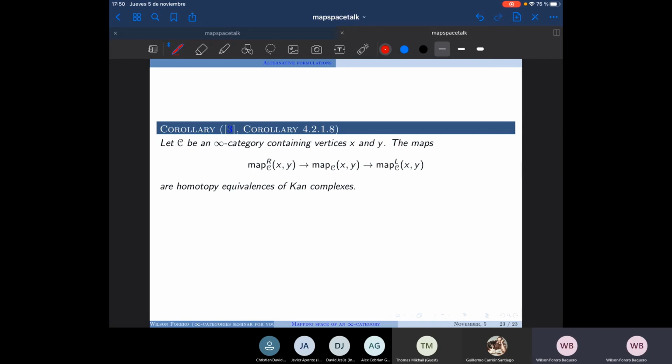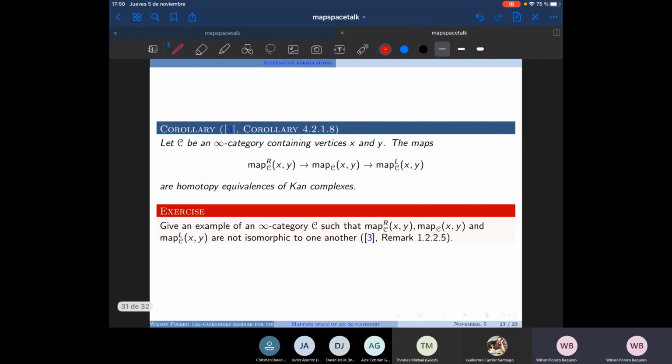But the proof is a little tricky, so I omit it. An exercise for everybody and myself also: give an example of an infinity category that shows that the three different approaches are not isomorphic to one another. Okay?